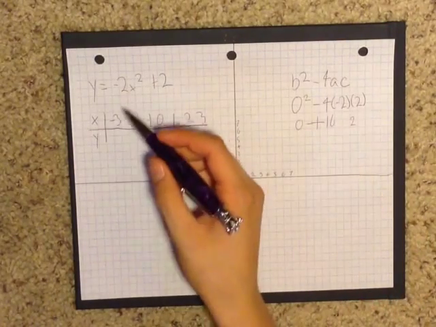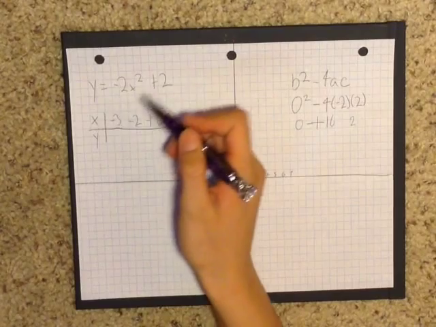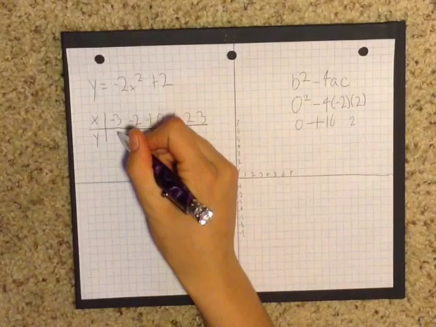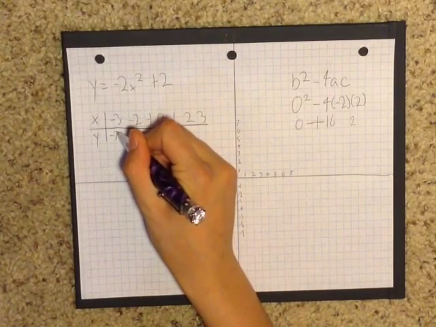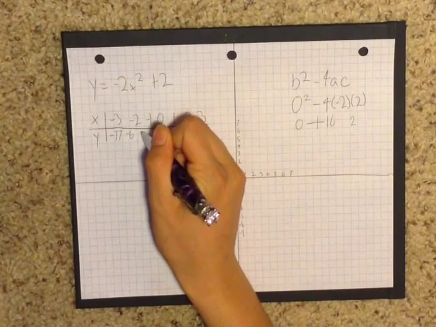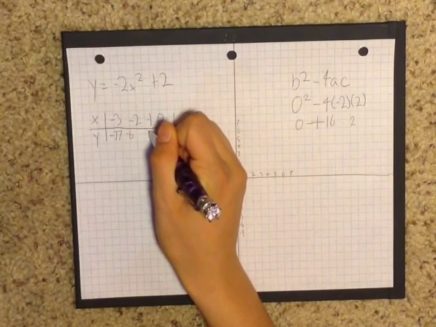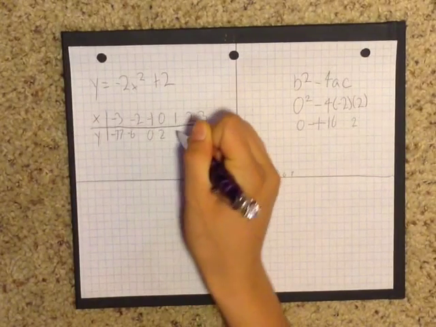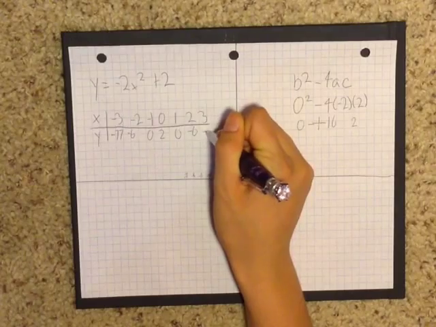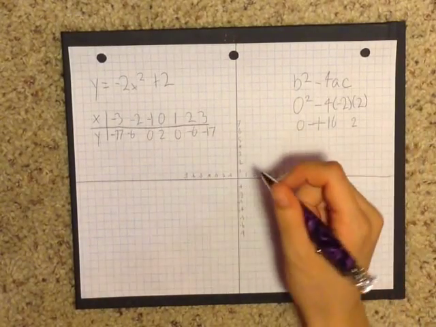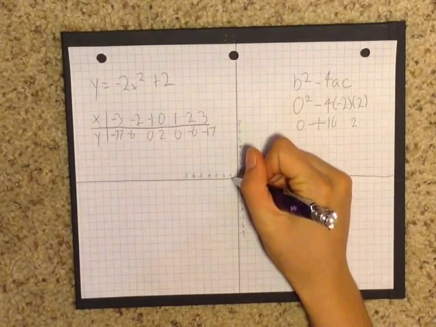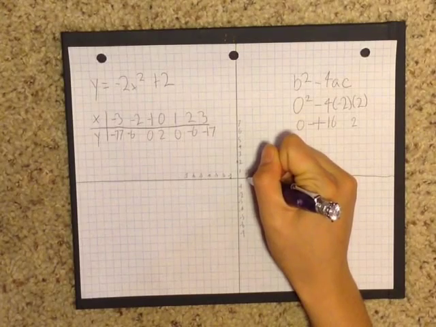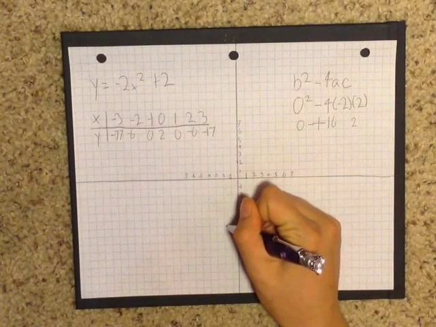So let's plug in the x variables into this equation to see what we get for y. So if we plug them in, we get negative 17, negative 6, 0, 0, 2, 0, negative 6, and negative 17. So if we graph this, we have negative 1, 0, 0, 2, 1, 0, 2, negative 6.